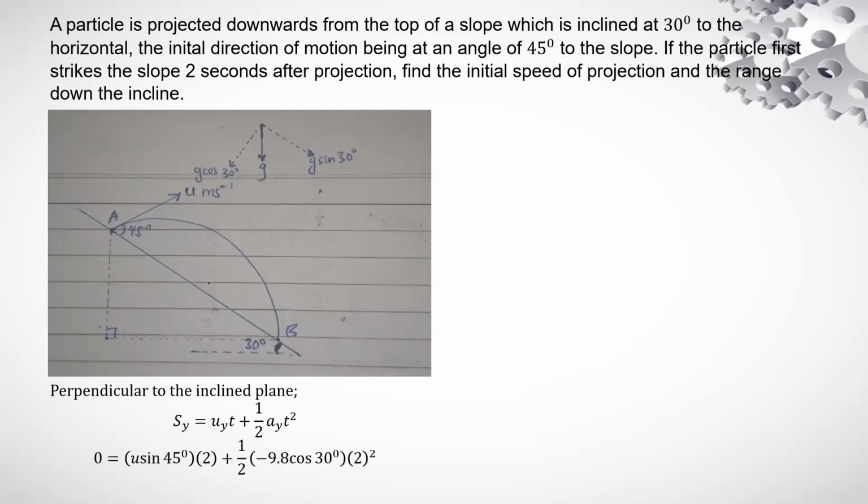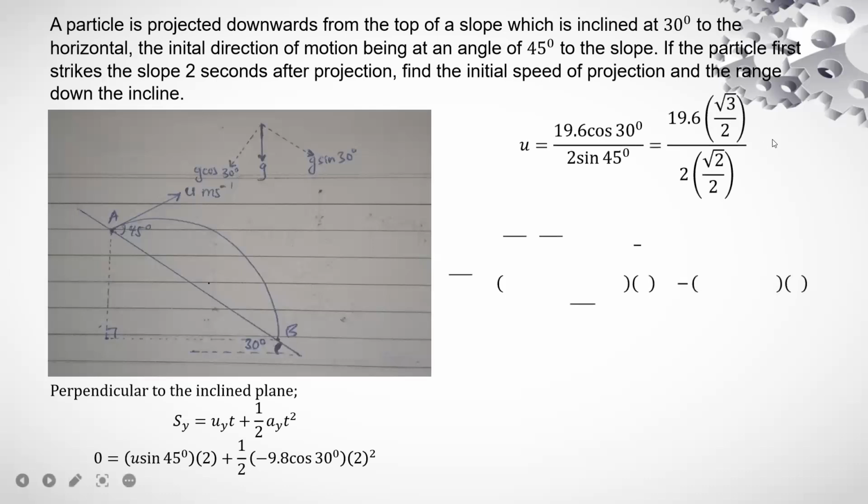So s_y is 0, then we make the necessary substitutions, and u_y is u sin 45. So u_y is that component of the initial velocity perpendicular to the plane. Remember you have t. So when you substitute, this is what you have. And a_y, remember, is negative. Therefore, we make u the subject.